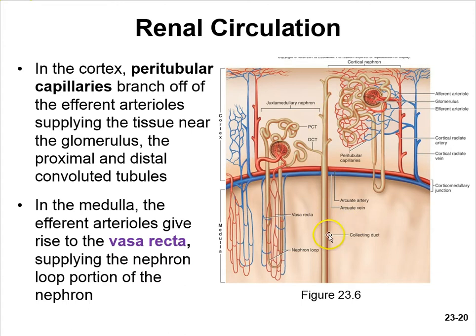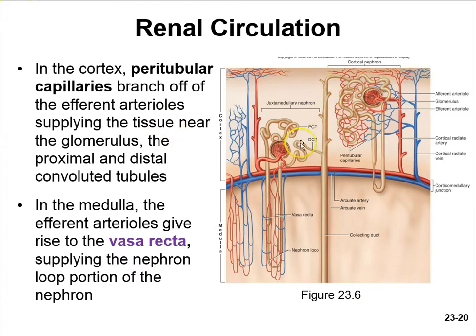And one collecting duct might serve a number of different nephrons. In fact, this collecting duct serves a juxtamedullary nephron here and a cortical nephron there. When something comes from the nephron and then gets emptied into the collecting duct, it's then called urine.